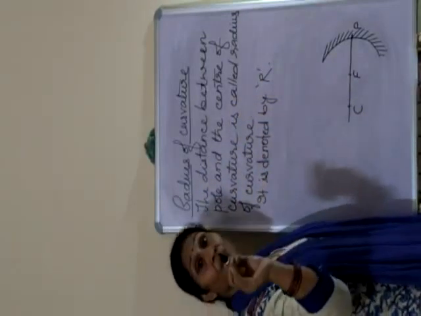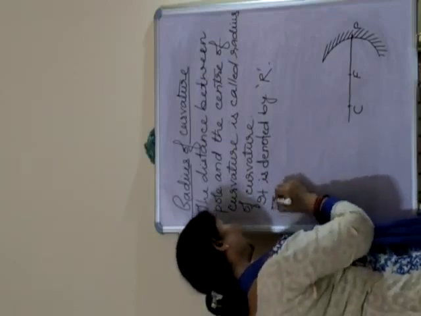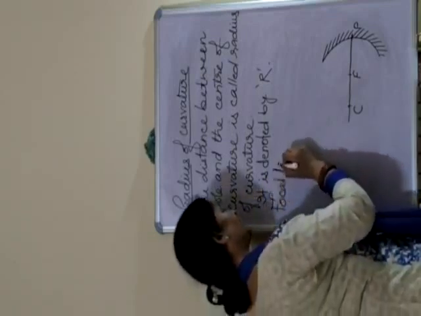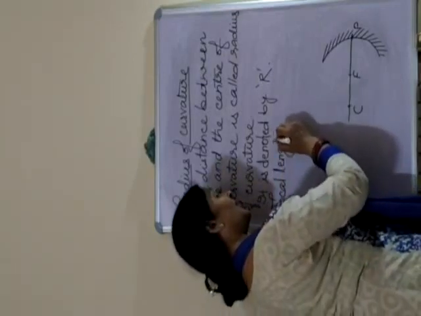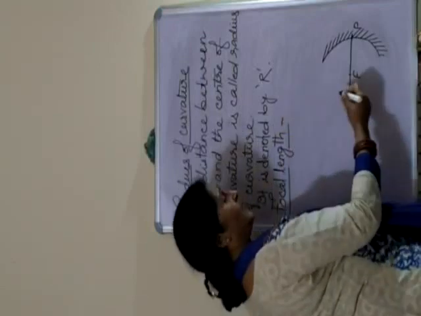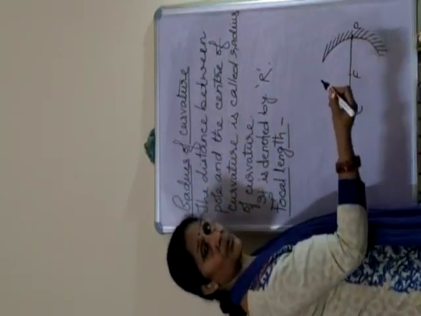Now the last term is focal length. This is again very simple. The distance between the focus and the pole is called focal length.